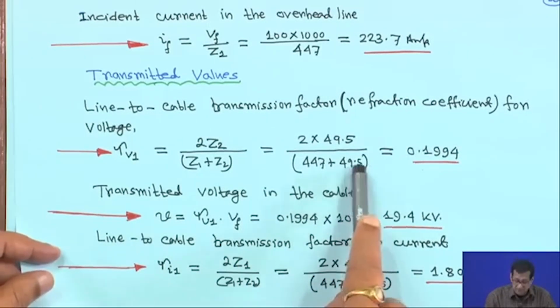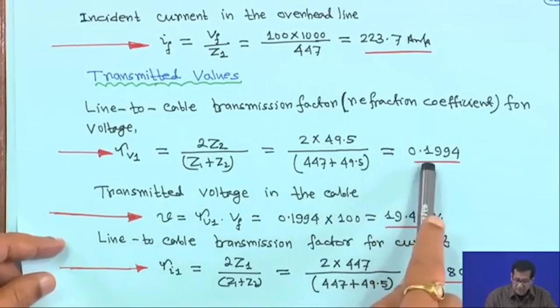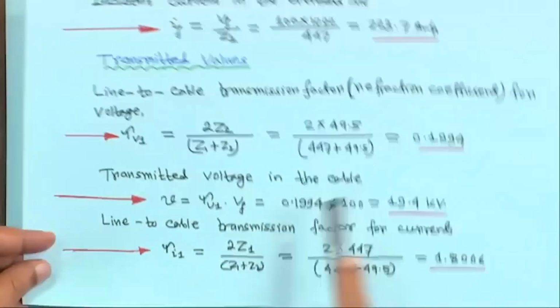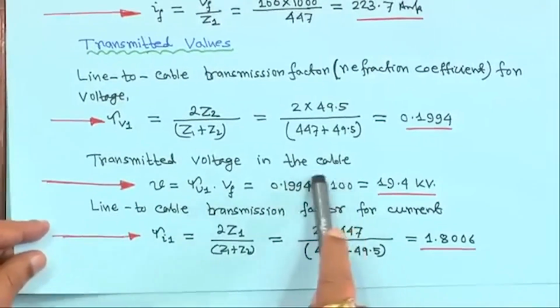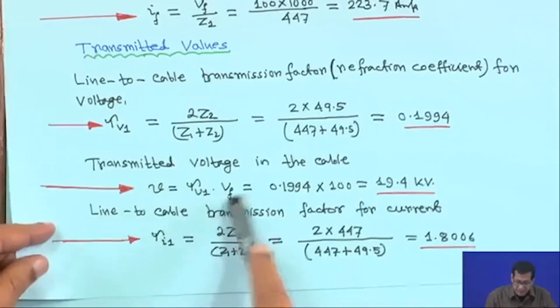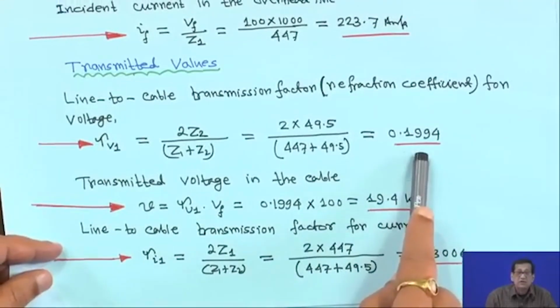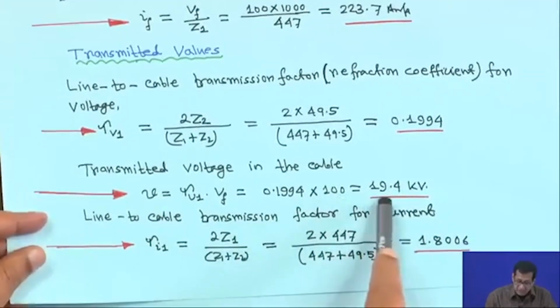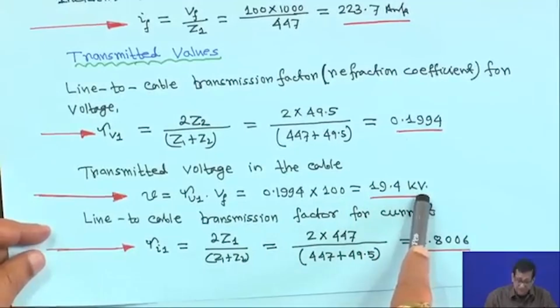So, 2 into 49.5 divided by 447 plus 49.5, tau V1 is coming 0.1994. Similarly, the transmitted voltage in the cable is tau V1 into Vf, so 0.1994 into 100 kV, which is 19.94 kV.